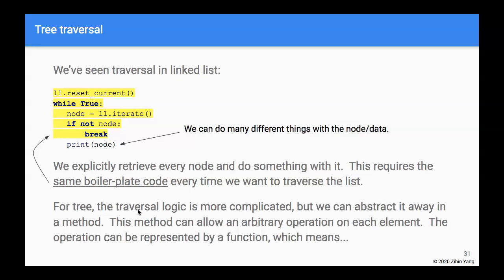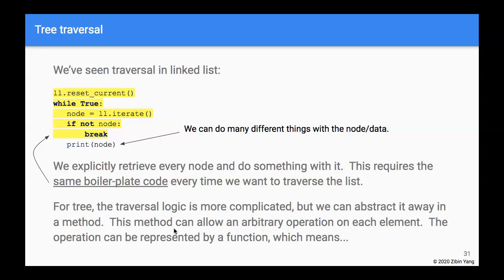So now, for the tree, the traversal logic is a little more complicated, right? It's no longer just a linear structure like a linked list. But okay, it's more complicated, but we can abstract the traversal logic away in a method.